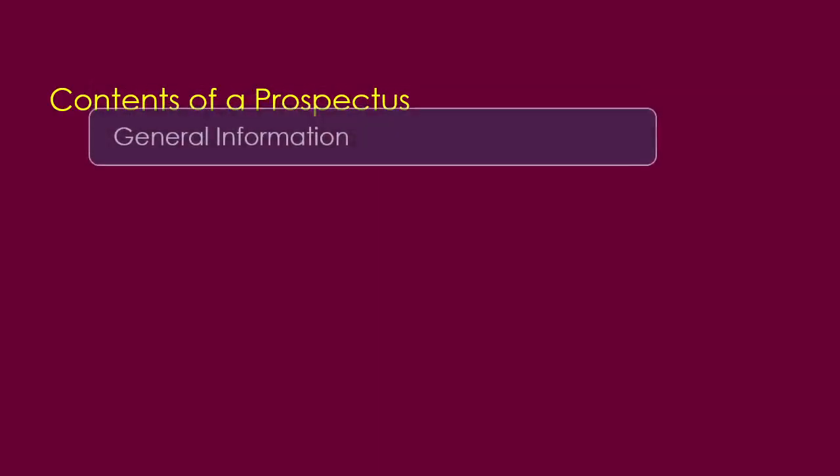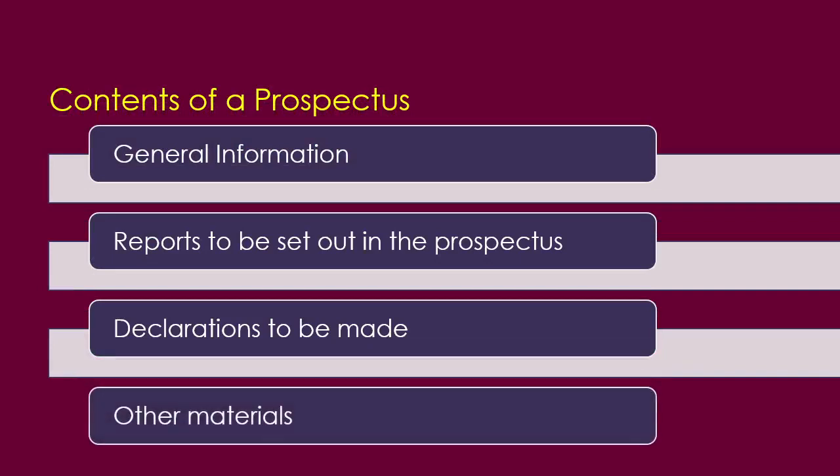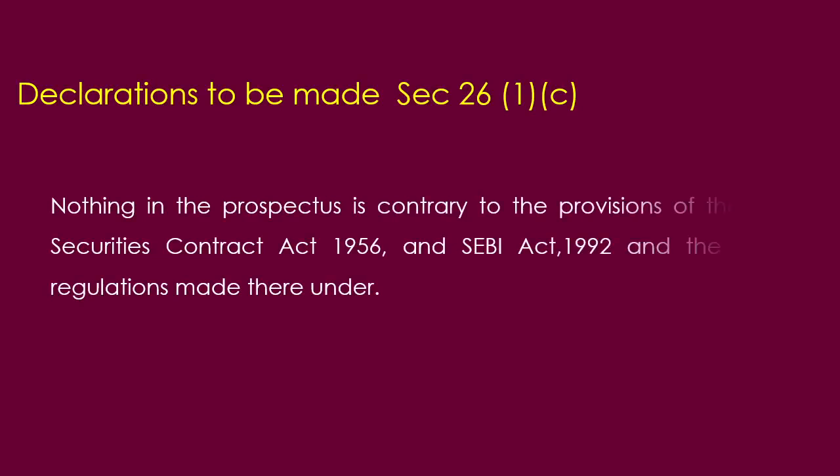Contents of prospectus, of course we have seen the first two, and the third one, declarations to be made. Under this category, a declaration should state that nothing in the prospectus is contrary to the provisions of the Act, the Securities Contract Act 1956 and SEBI Act 1992, and the rules and regulations made thereof. So this declaration should be made in a prospectus.